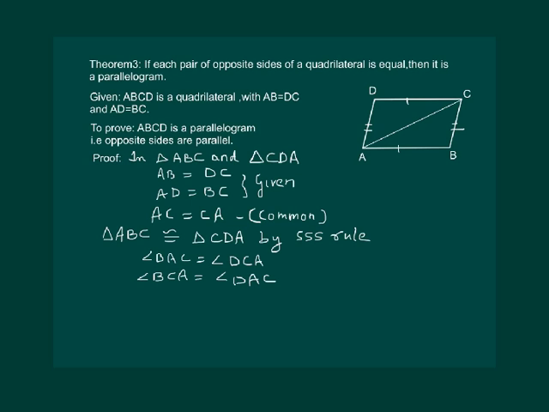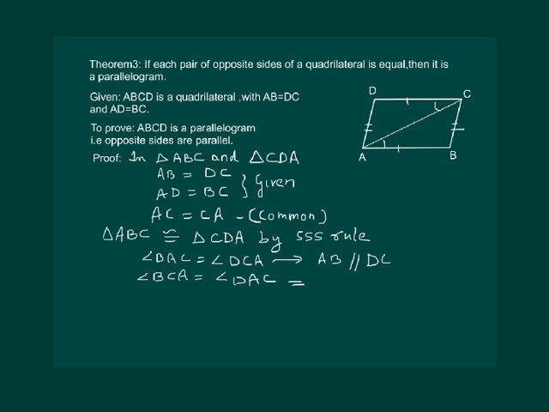Now let us look at these angles. Angle BAC is equal to angle DCA. This statement implies that AB is parallel to DC, as these are alternate angles.